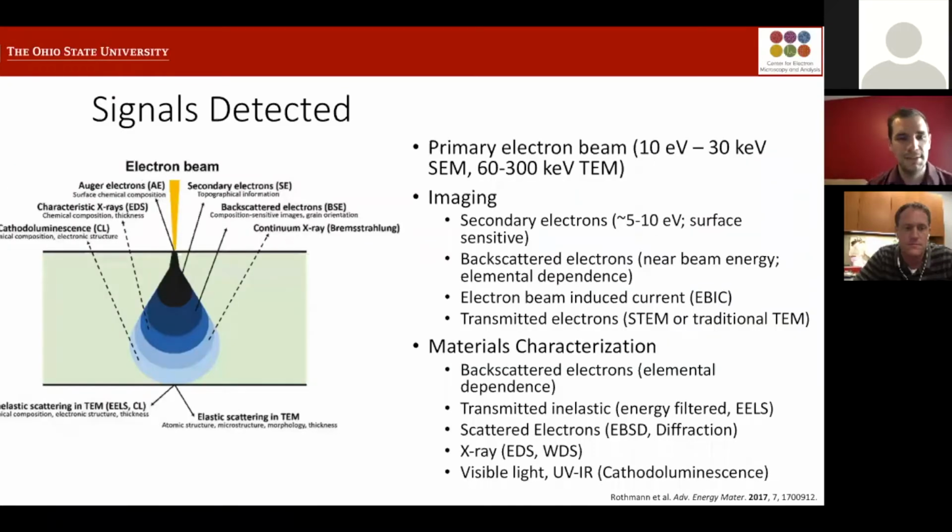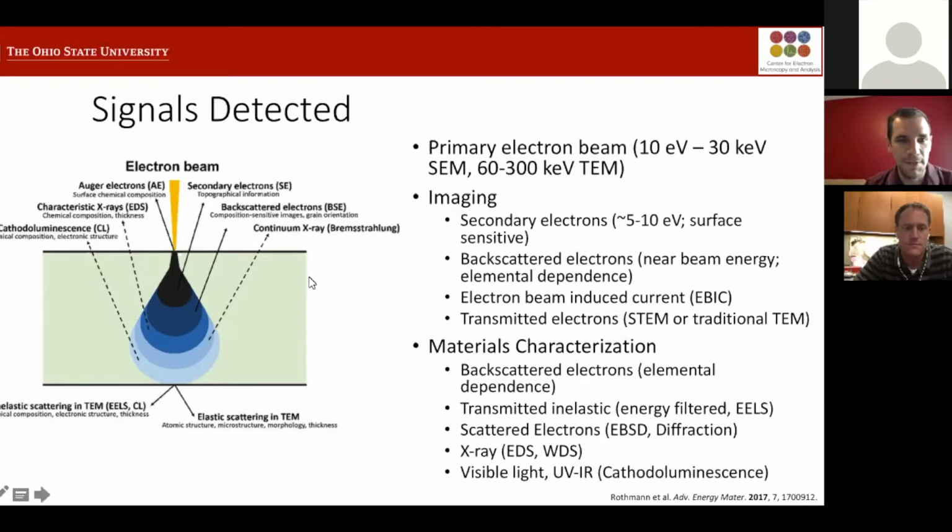So I want to just talk about the basics of what signals are going to be coming off your sample and what information you get from them. So in the SEM, you have an electron beam, usually ranging from about 10 eV up to 30 keV to start probing usually the surface, or you can do transmission with it if you have a STEM detector.